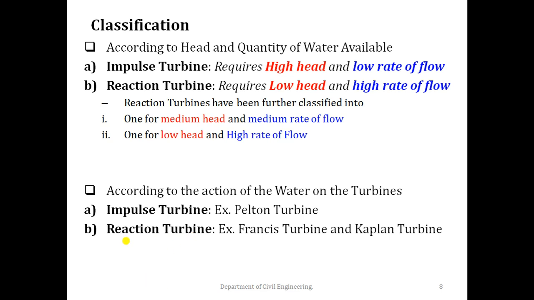So as water flows through the turbine, the water is under pressure and the pressure energy goes on changing to kinetic energy. And in case of reaction turbine, the complete setup is in an airtight casing and it is completely full of water.